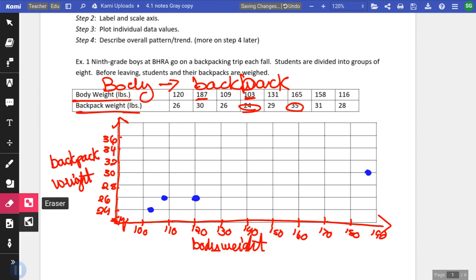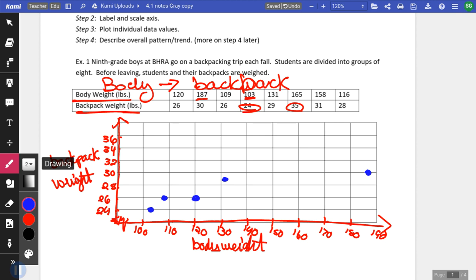It should be more in the middle. And 65, 35. And 116, 28. Okay, so your scatter plot looks approximately like that.